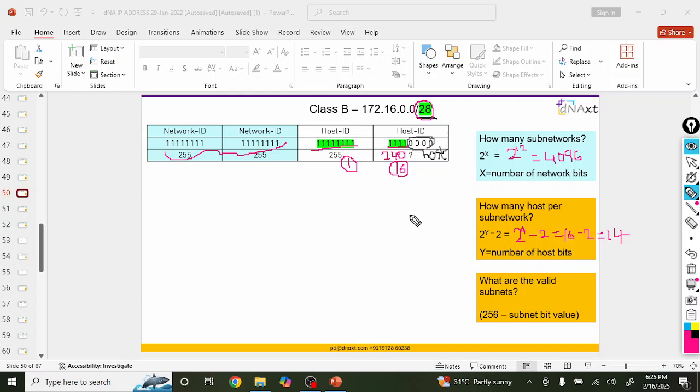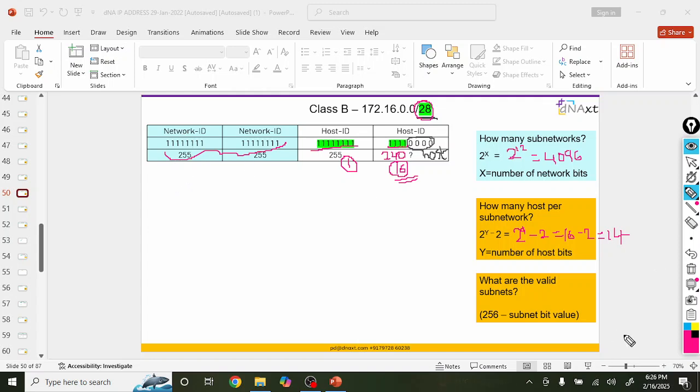When we do the increment, we follow a simple rule: there will be an increment in the fourth octet first, and when an increment is not possible, meaning the value comes out as 256 while incrementing with 16, at that time we will move towards increment in the third octet. Let's discuss it in detail.